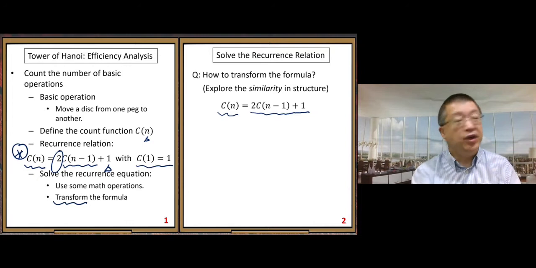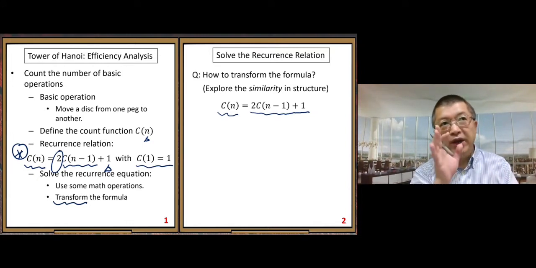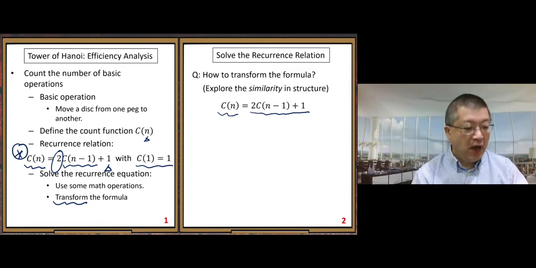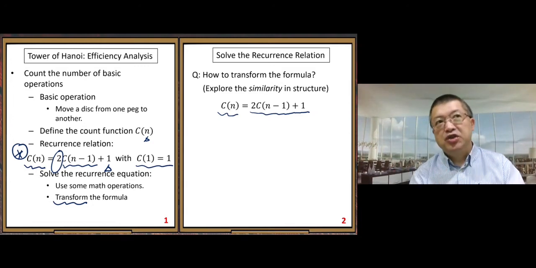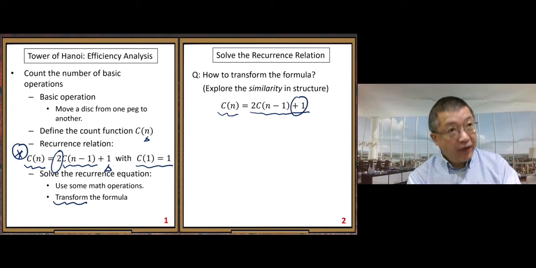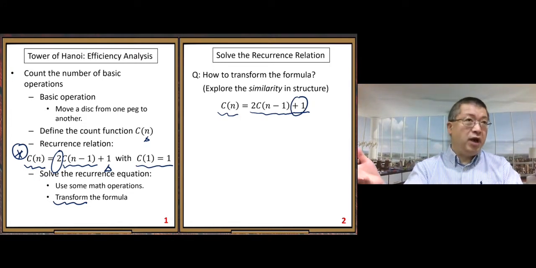Okay, here we need to do a transformation. When we do the transformation, our goal is to get a similar structure. Here, let me show you one simple trick. Because on the right hand side you have plus 1, and on the left hand side you don't have any plus thing.